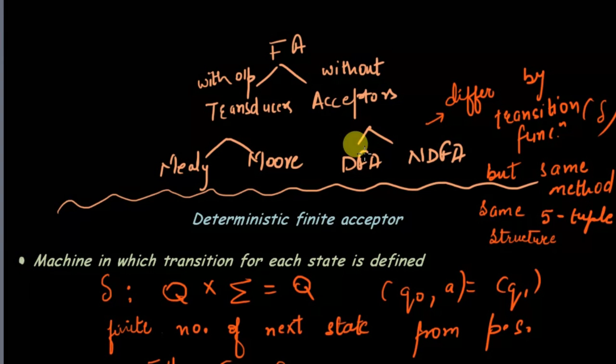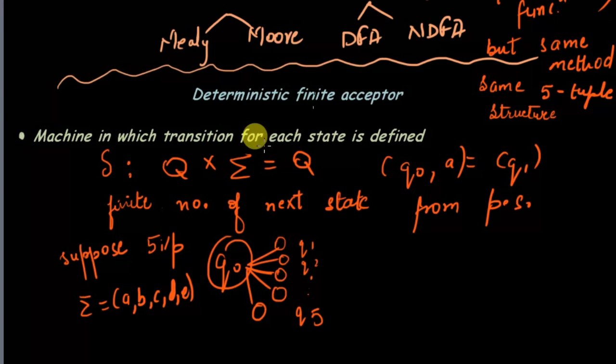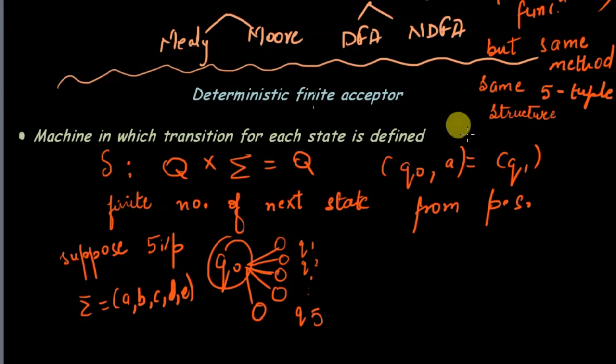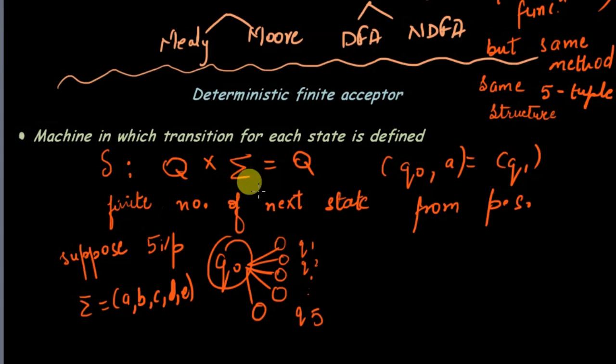So let's start with the DFA. It is a machine in which transition from each state is defined. The transition functions are very important and you should understand them carefully.